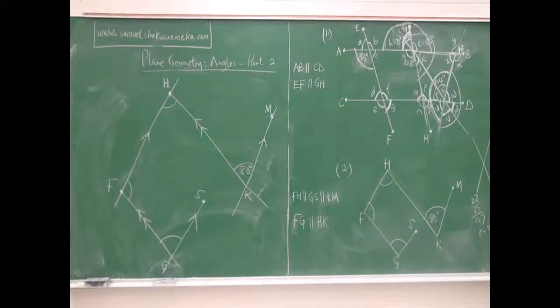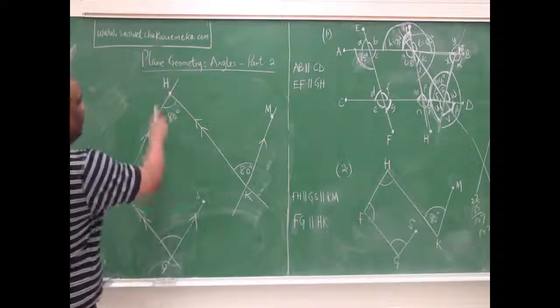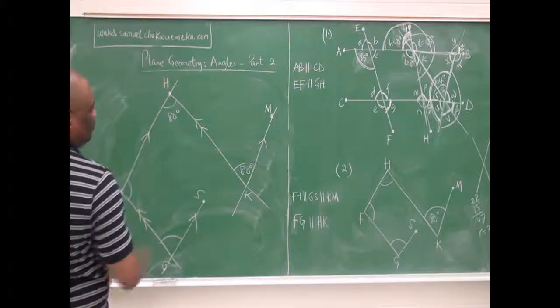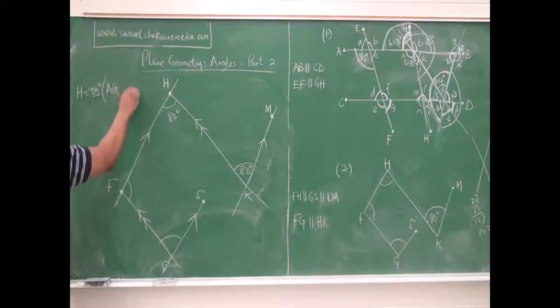That line segment FG is parallel to line segment HK, and the line segment HF is parallel to line segment SG and is parallel to line segment MK. So we can see here that this H is 80 degrees. Reason: these are interior angles. H is 80 degrees, alternate interior angles.